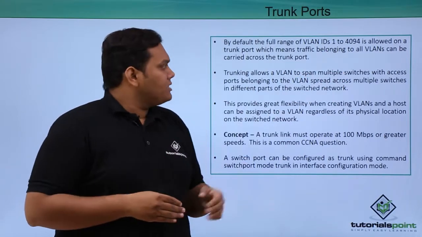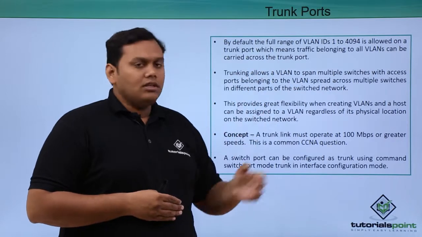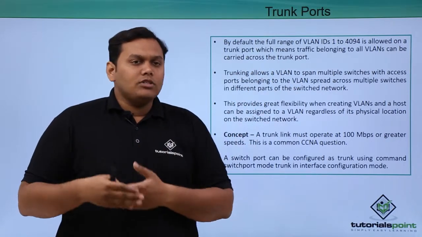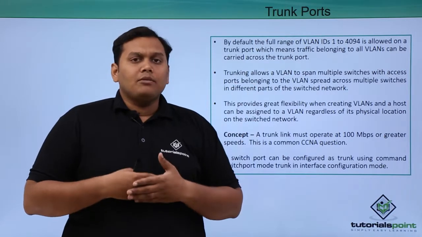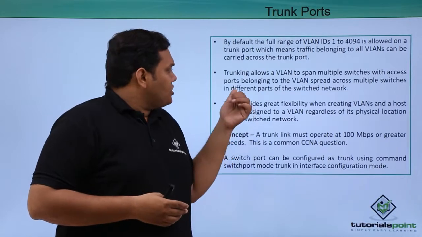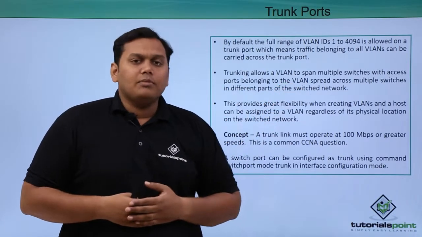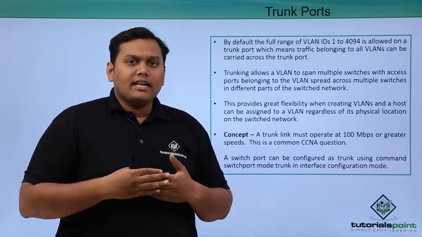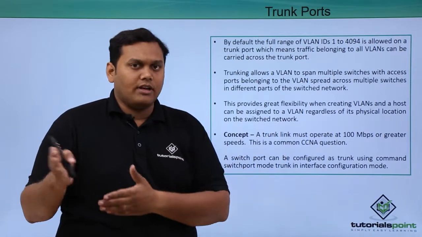That means the traffic of all VLANs can be carried across the trunk port at once, based on the VLAN IDs. Trunking allows a VLAN to span multiple switches, with access ports belonging to a particular VLAN spread across multiple switches. So the traffic is transferred between these VLANs across access or trunk ports.